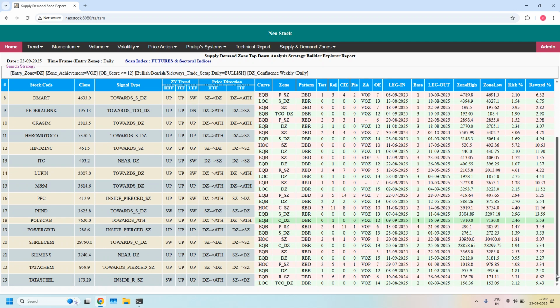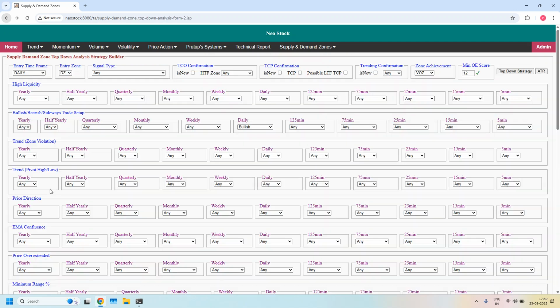So we are checking weekly demand zone with weekly EMA, because in all the stocks the weekly trend is uptrend. Sideways trend EMA does not work, but in all the stocks the trend is uptrend. ITF trend is always uptrend in a bullish trade setup. Here ITF is weekly. So I'm adding one more filter, EMA confluence on weekly demand zone having weekly EMA confluence.